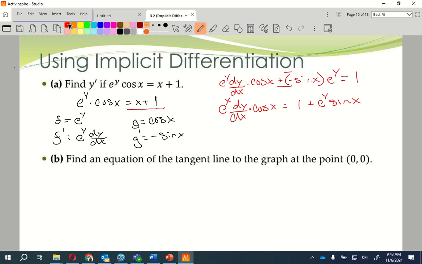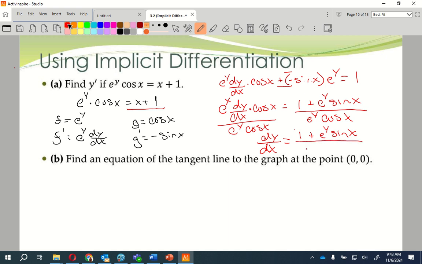So I'm going to end up with dy dx equal to 1 plus e to the y sine of x, divided by e to the y cosine x. Are you okay with that? Not too crazy?